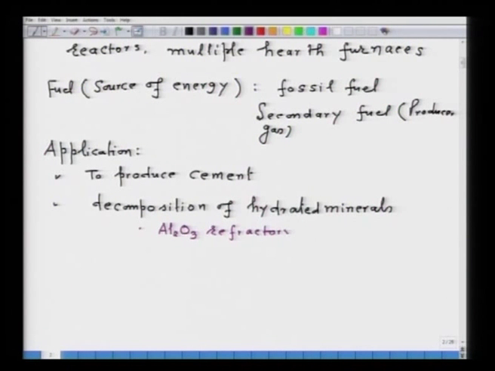Now, here bauxite is the material to produce Al2O3 refractory. Now, bauxite also contains water which is chemically combined. So, straight away you have to calcine it in order to produce an alumina which is free from water, and mind you, alumina is a very important refractory material in all pyrometallurgical extraction industry.